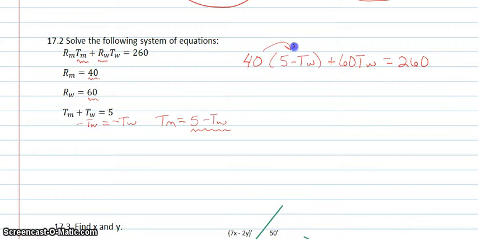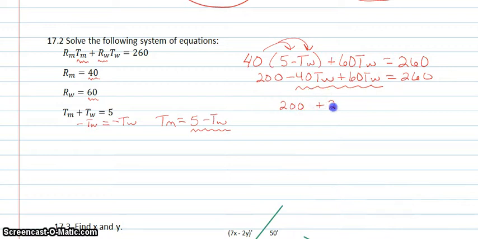I will distribute the 40 across, so I'll have 200 minus 40 Tw plus 60 Tw equals 260. I'm going to get my like terms together. So I'll have 200 plus 20 Tw equals 260.